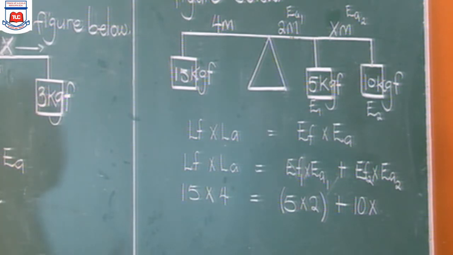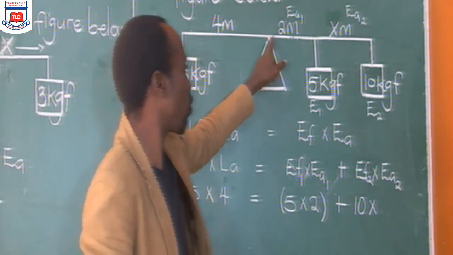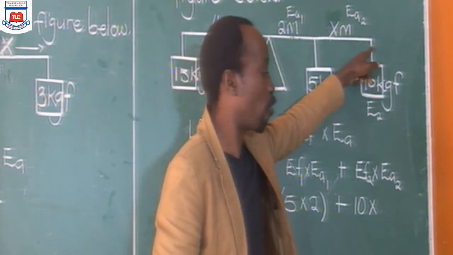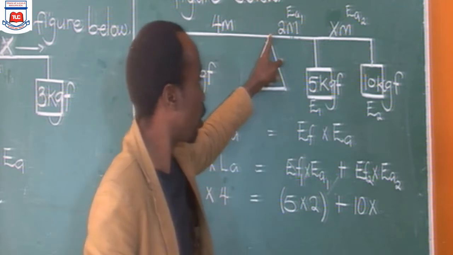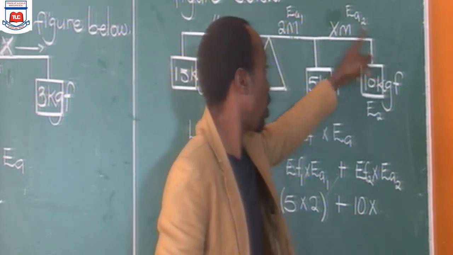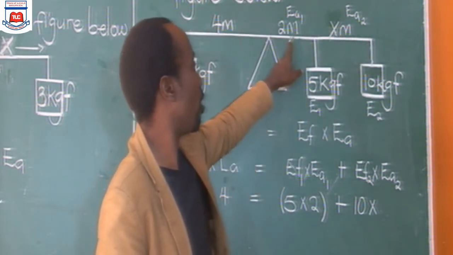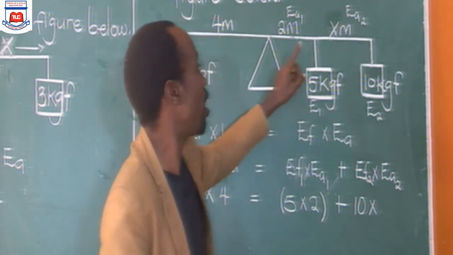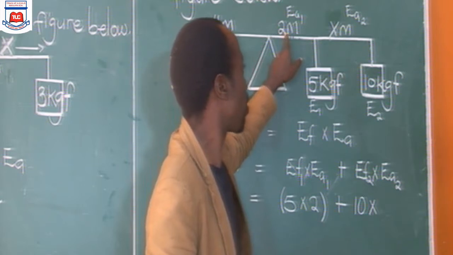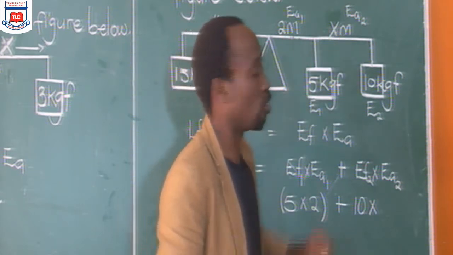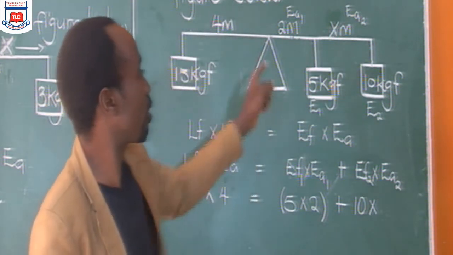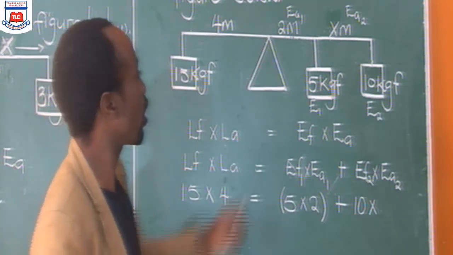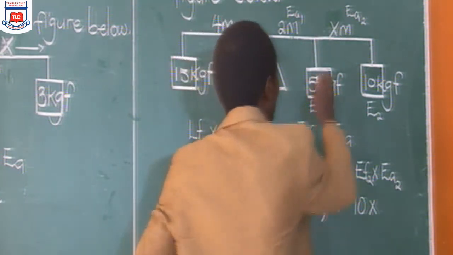Effort arm 2, this is where the problem is. We are looking at the distance from the pivot to effort force 2. In this case, all candidates should know that the distance from here up to here is got by adding the 2 meters plus the x meters we don't know. So the distance will be 2 plus x, not x, because x is just from here.